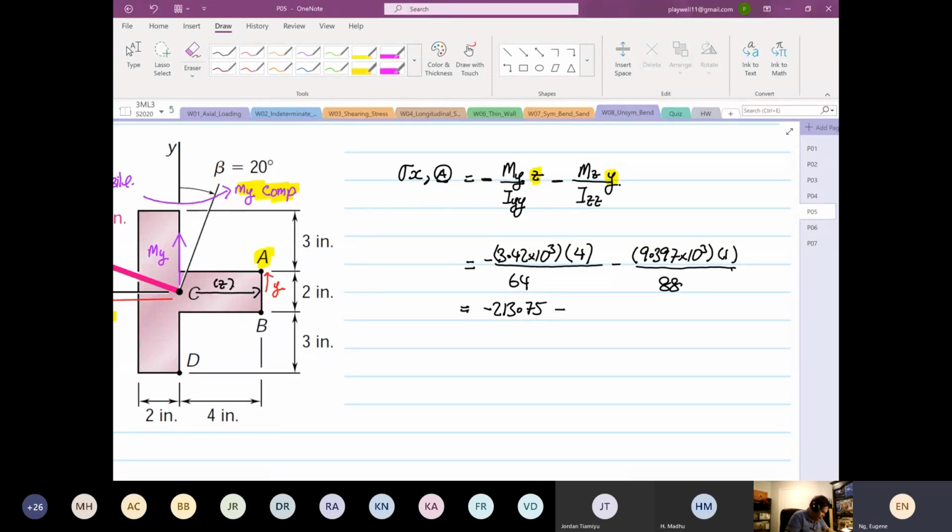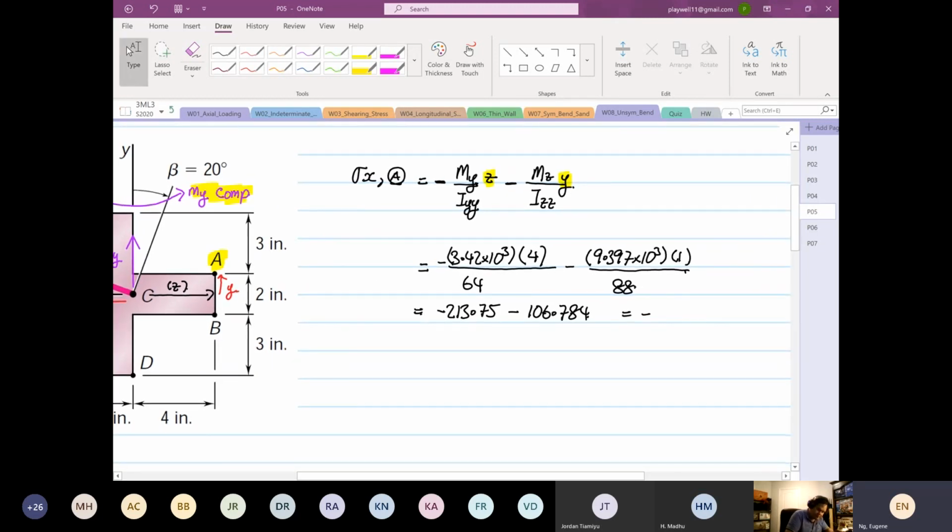It's equal to 106.784. So stress at point A is minus 213.75 minus 106.784. It's going to be minus 320.534.